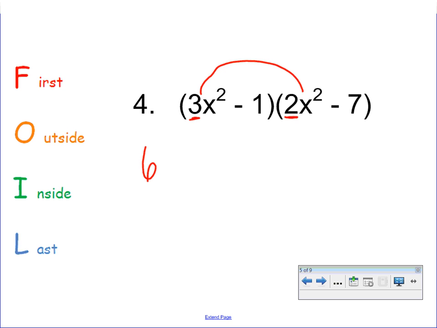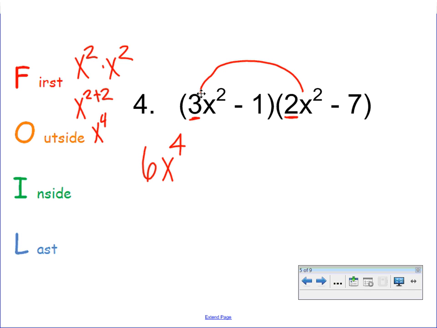Now I need to multiply the x squared and the x squared. So think about that, guys. That's x squared times x squared. You've got to remember this rule from last week. We add our exponents, and we get x to the 4th power. So 3x squared times 2x squared, we get 6x to the 4th power.